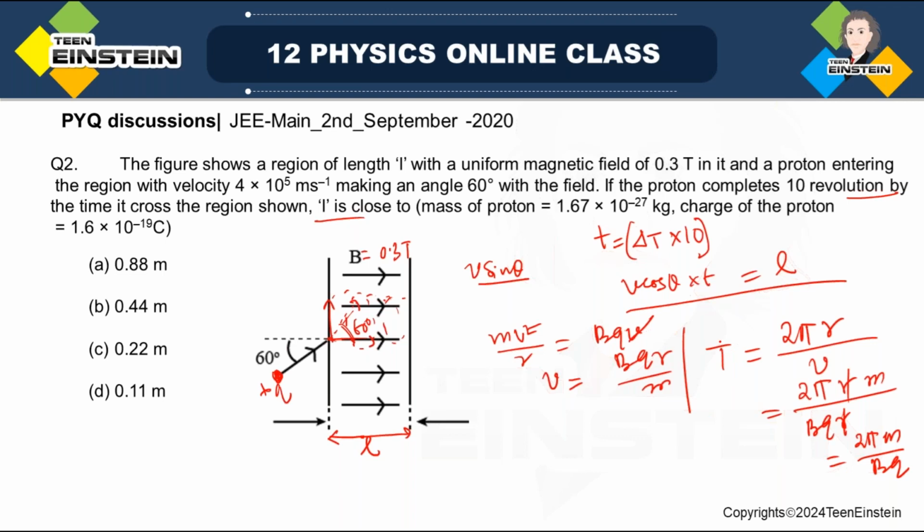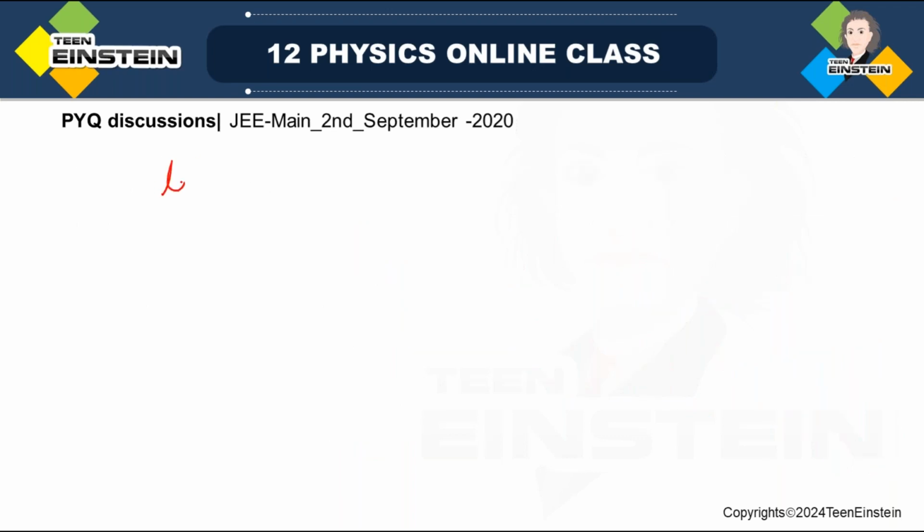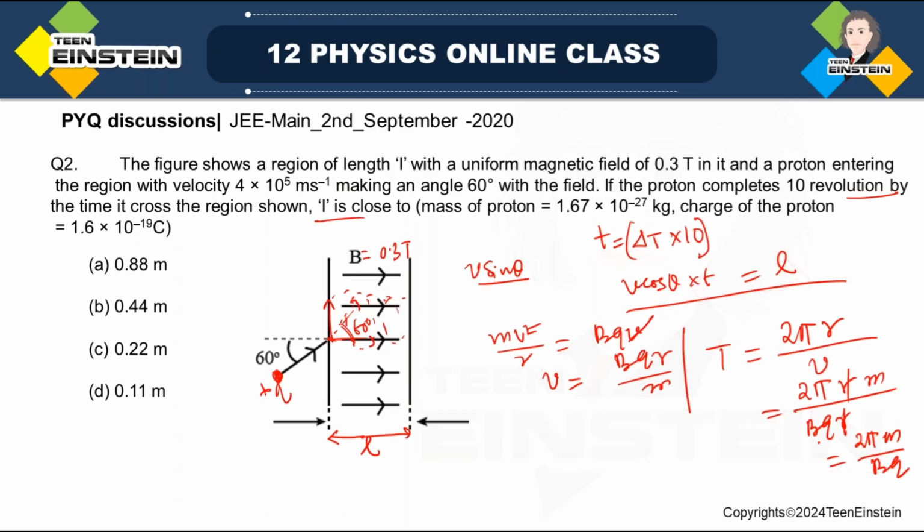So then see, L will be 10 into this time period of revolution into V cos theta. Okay, but now what is T?